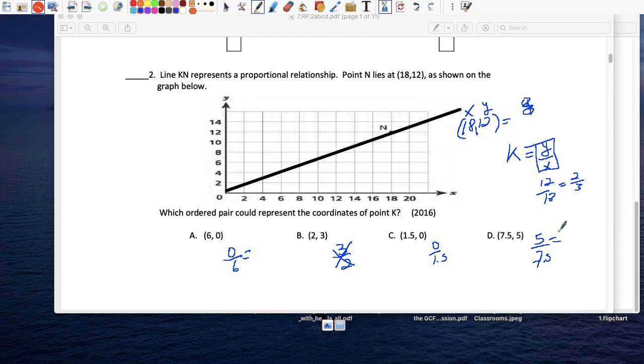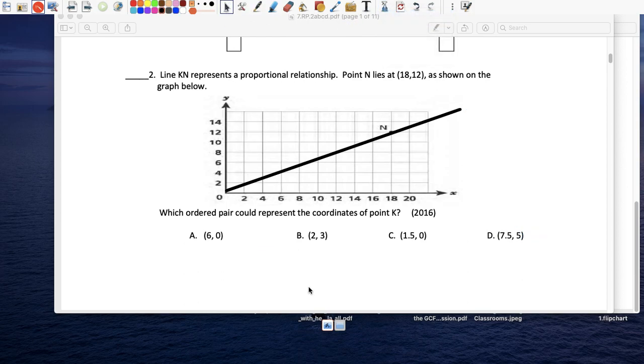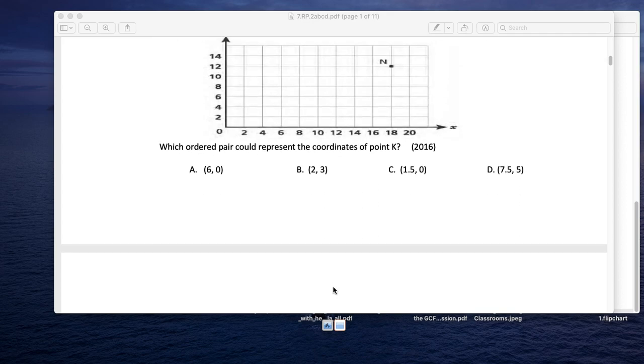If you put that in your calculator and press enter, you get 0.66666, which is the same thing as 2/3. So the only one is B. Okay, I think the visual part would be easier. So the answer is D.